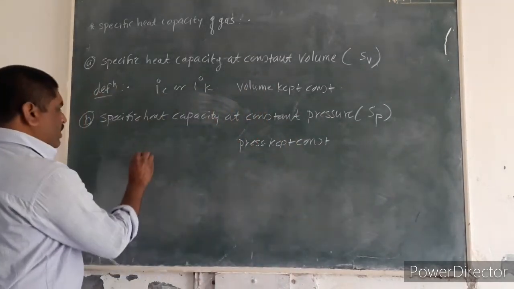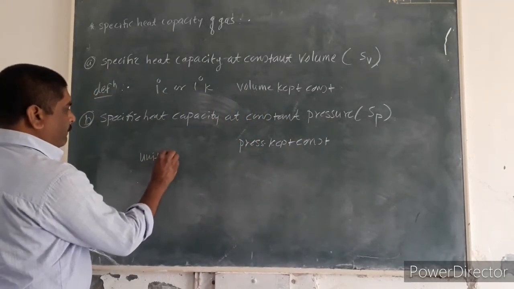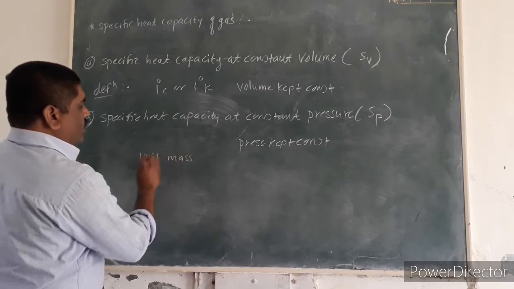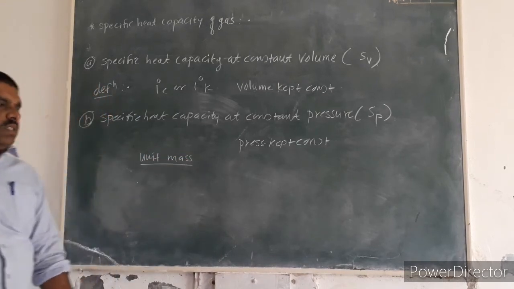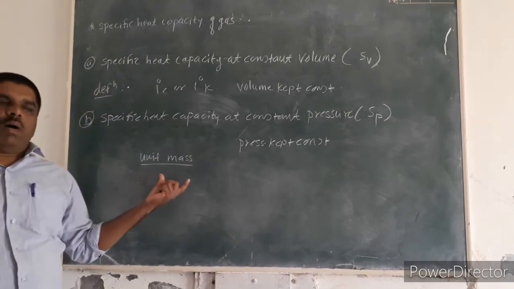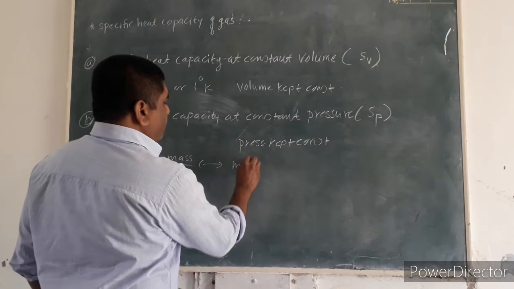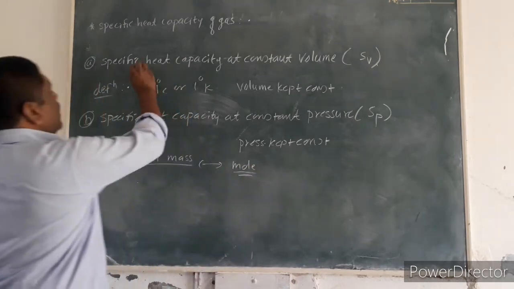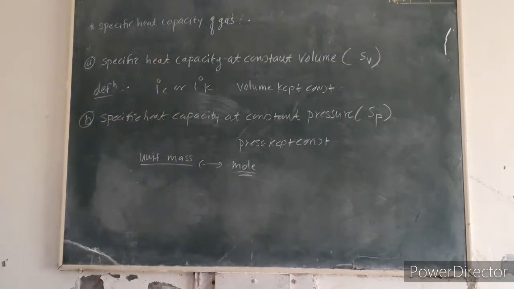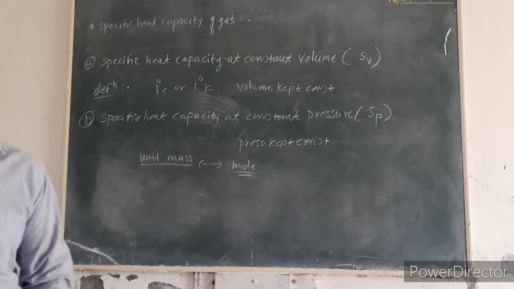Instead of unit mass, instead of amount of substance mass, we use the mole. Then that specific heat capacity is called molar specific heat capacity.